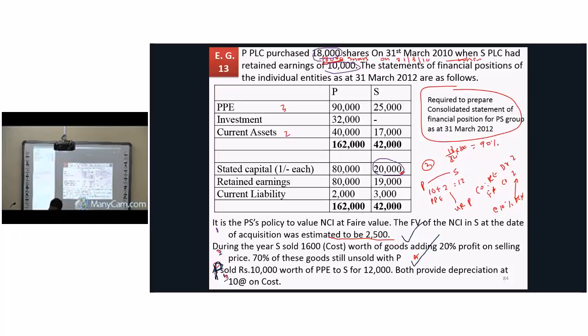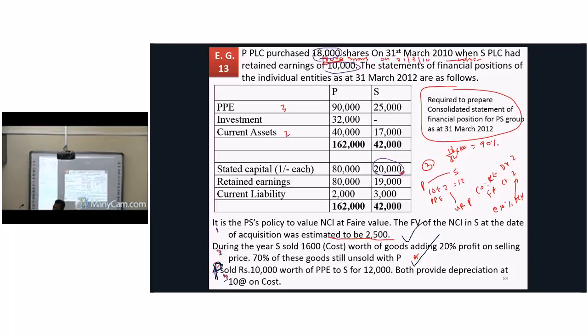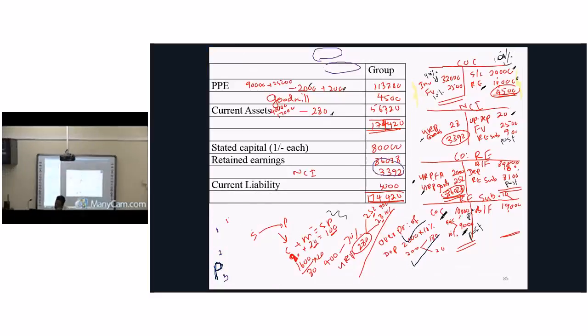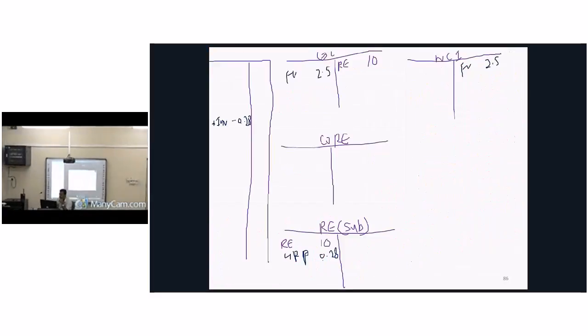Understood? So now how to incorporate this adjustment? Now what is artificial added profit anyway? It is 2,000. Who has added it? It is by P, parent. Therefore, first point, if there is any intercompany trading of fixed assets, artificially added profit should be eliminated in full. How to eliminate it? Now, seller is the parent. Therefore, parent retained earnings debit 2,000.